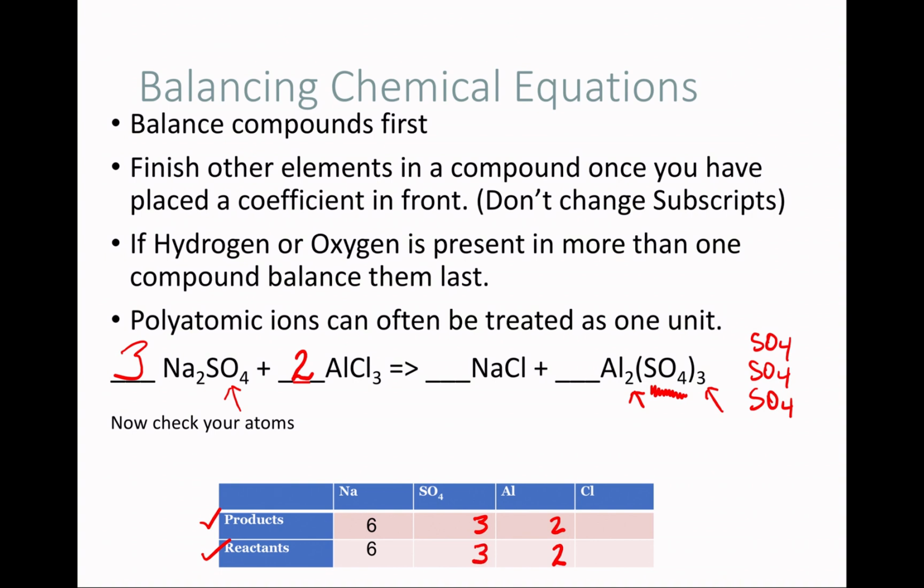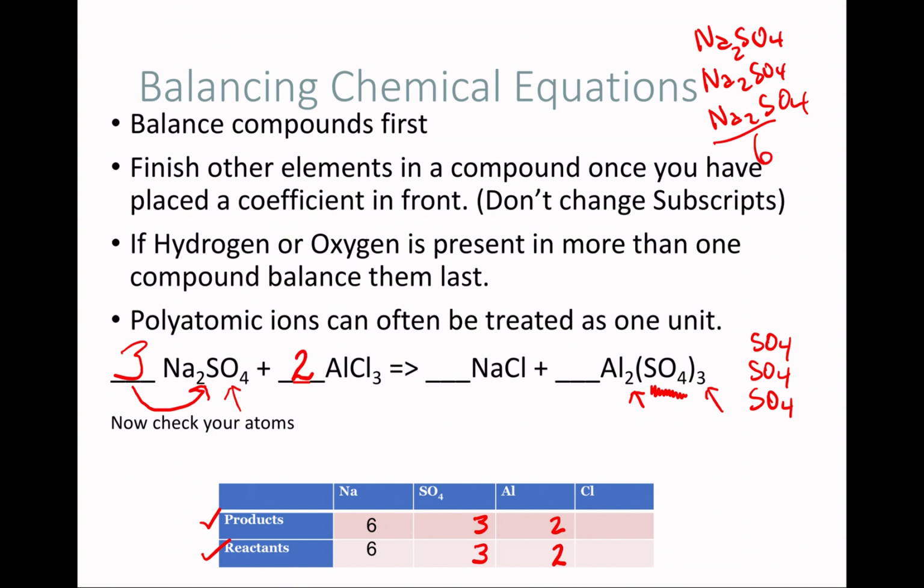Now you can see the sodium listed first, but I didn't want it to list first. We've got 3 of this molecule, and since there are already 2 sodiums in it, 3 times, that means we've got 6 of these.